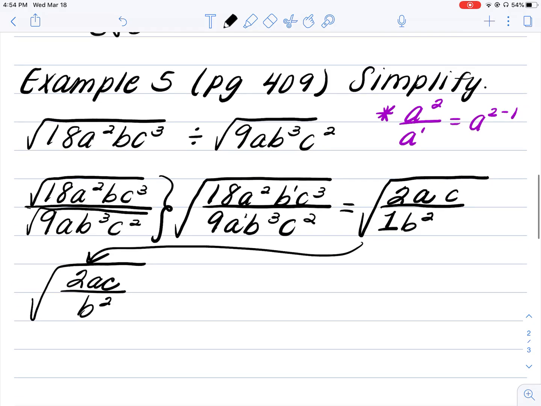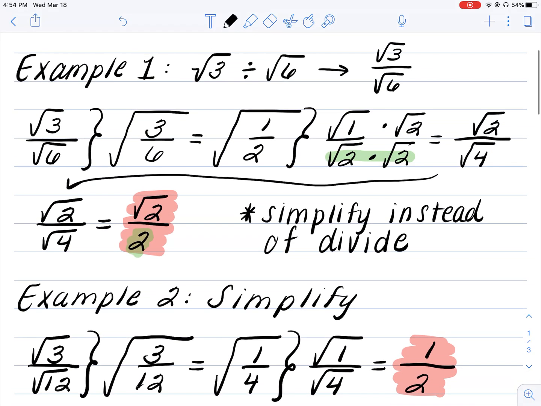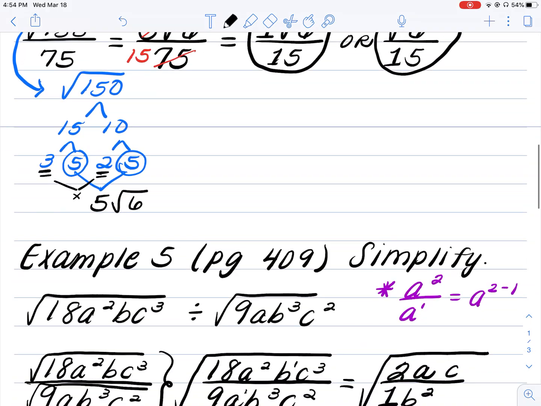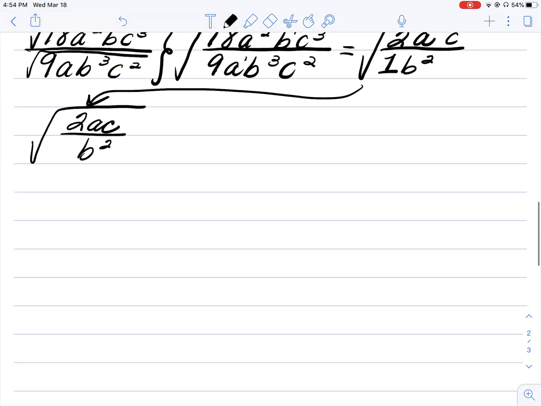And just like what we did with all these examples, like in examples 1 and 2 and 3, every time I have one big radical, we can put it into 2 separate radicals. So that's what I'm going to do here now for example 5. I'm going to put it into 2 separate radicals, 2ac over the square root of b squared.